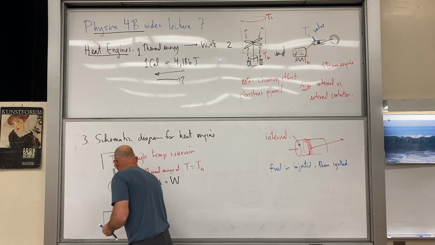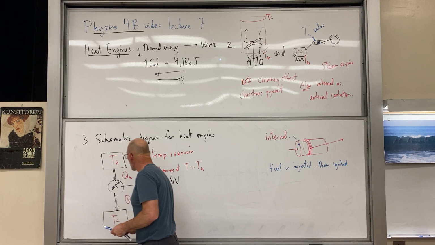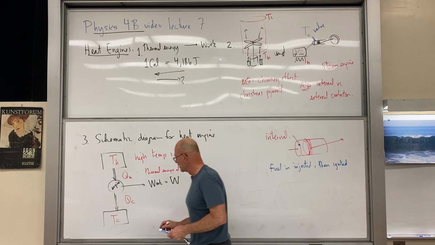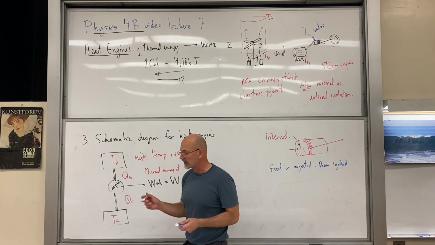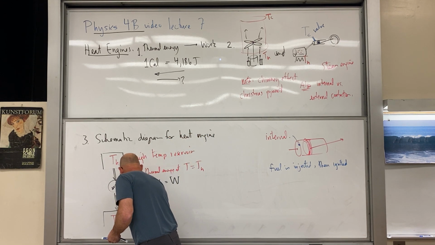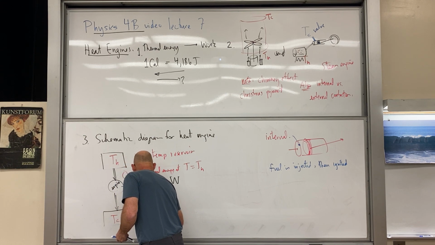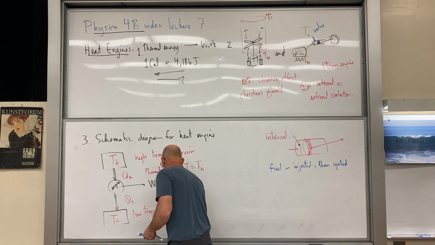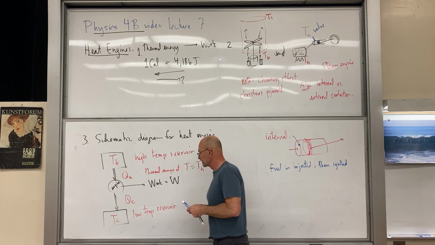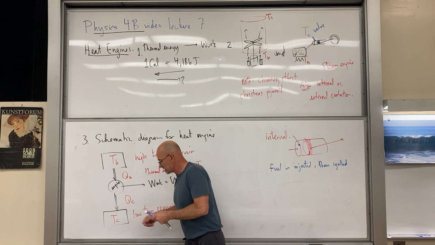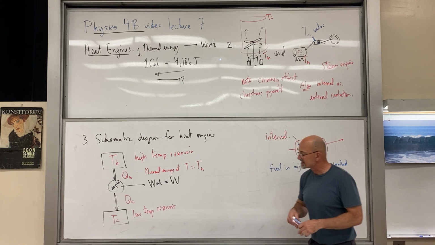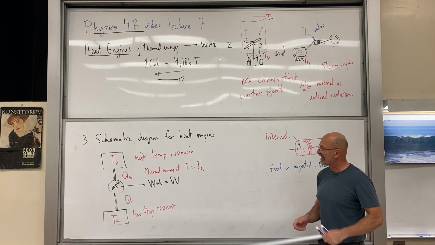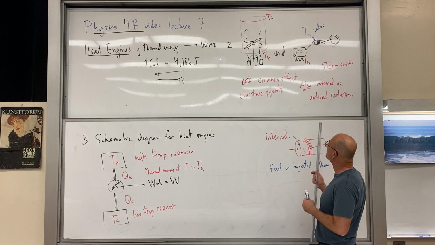We have thermal energy at a lower temperature going to what we call the low temperature reservoir. In my example up there it was the atmosphere. Okay? So low temperature reservoir. Good, so that's necessary to actually have a cyclic process.